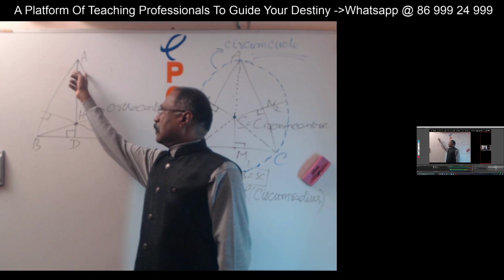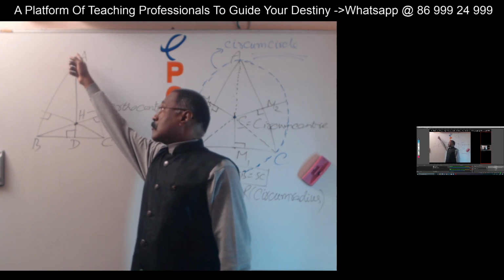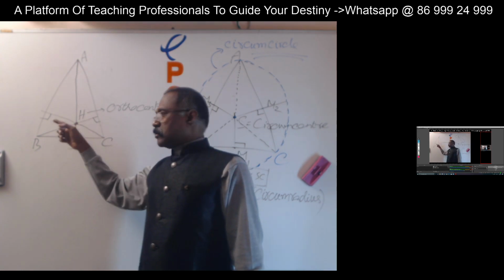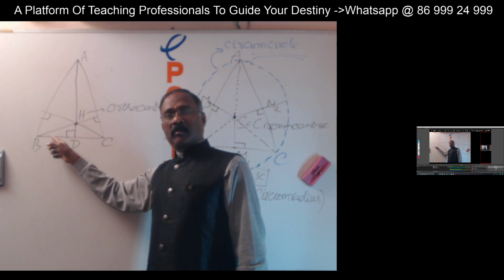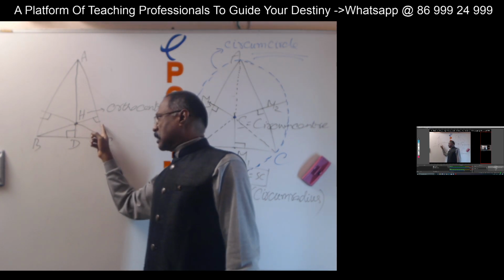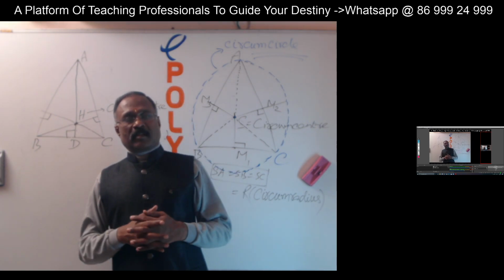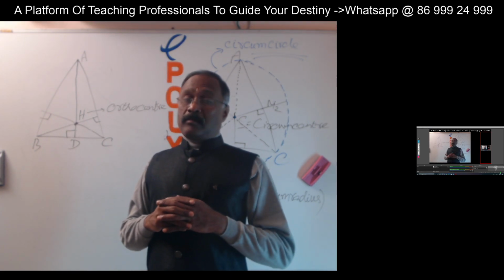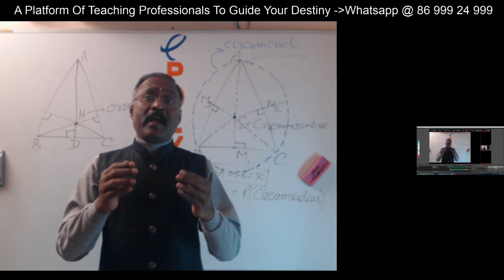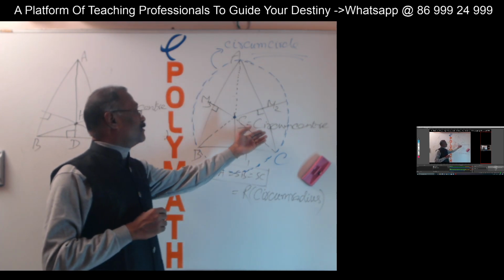Like this is one angle, there will be one internal angular bisector. This is another angle, there will be one internal angular bisector. This is another angle, there will be another internal angular bisector. These three internal angular bisectors intersect at a point, which is known as the incenter. Why is it said to be incenter, like circumcenter?